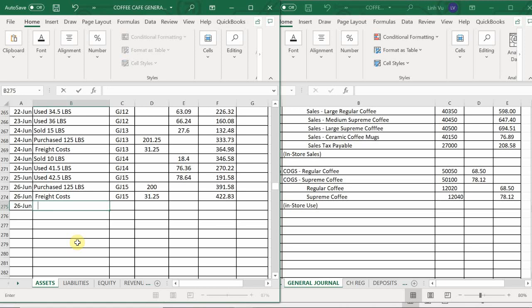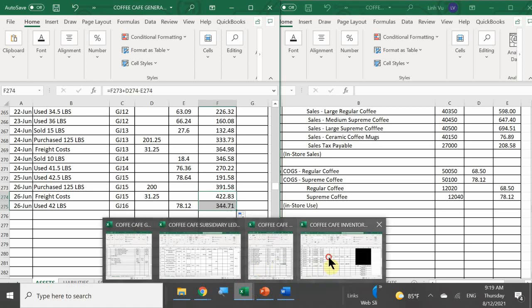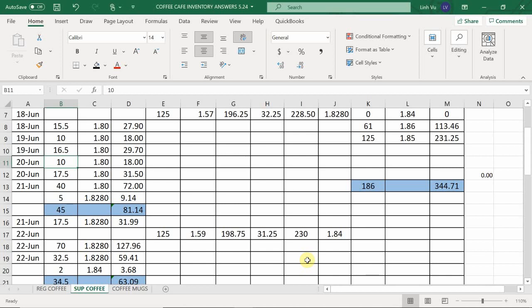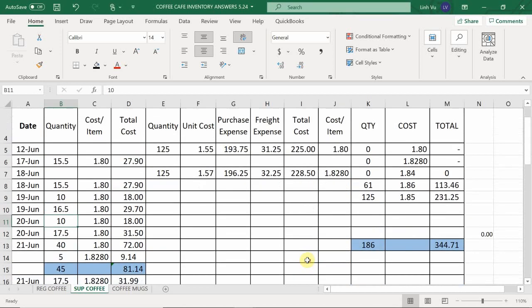Used 42 pounds. 78.12. 344.71. Yep, 344.71.